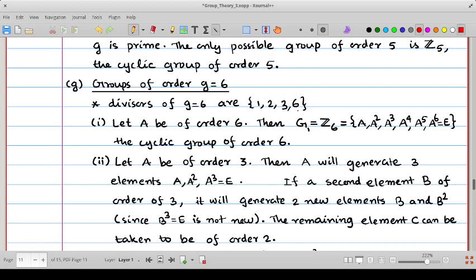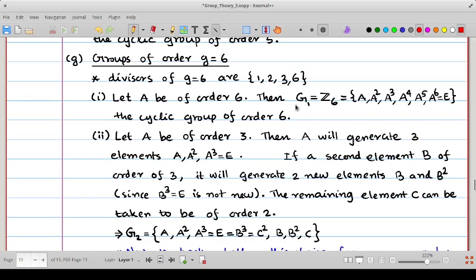So we will first start with a possible choice of the group generated by an element of order 6. Call it A. The group elements would be A, A square, A cube, A4, A5, A6, which would be equal to identity. So that's a cyclic group of order 6.